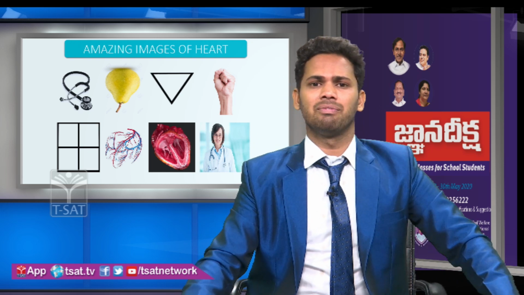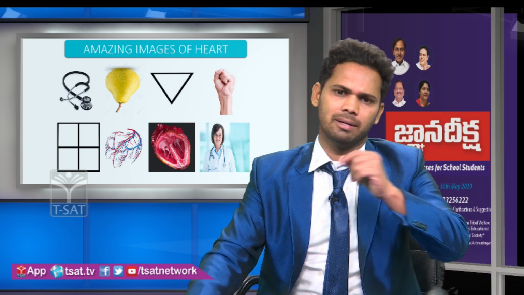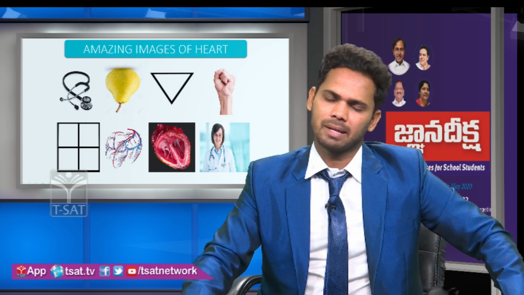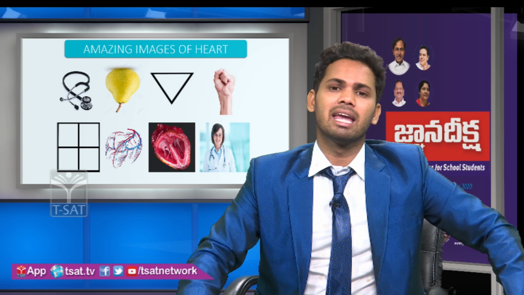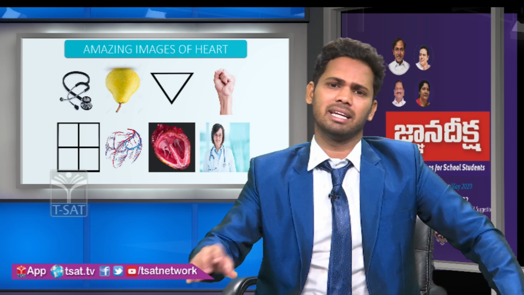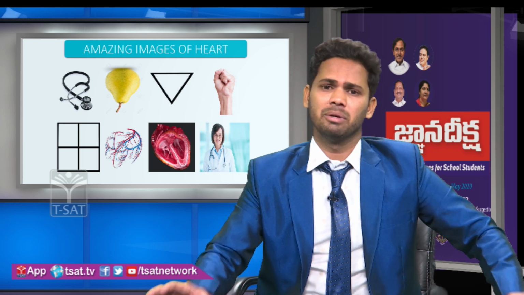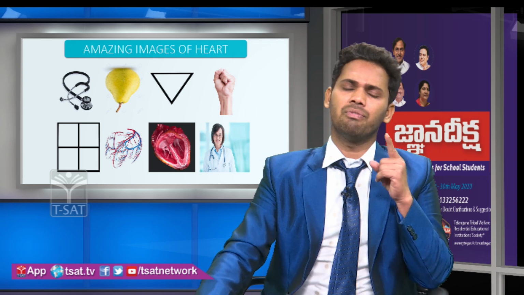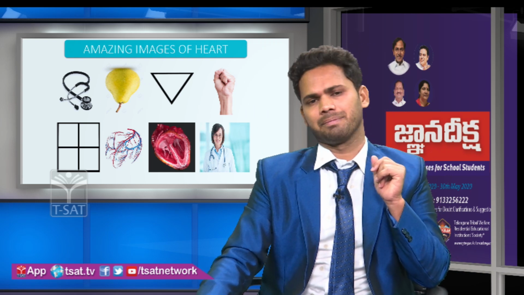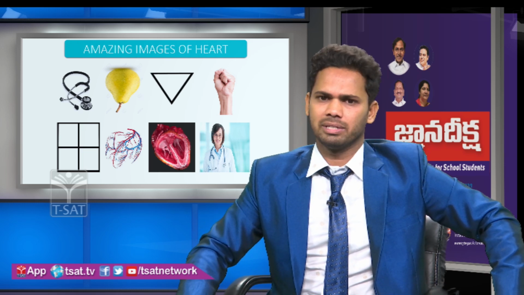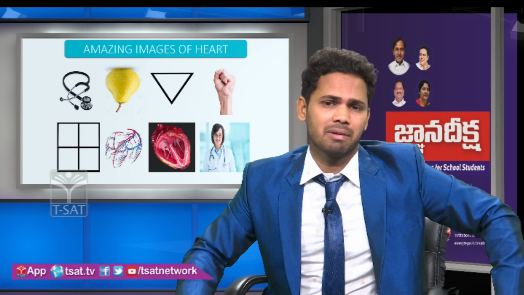These two membranes are filled with a fluid called pericardial fluid. So pericardial fluid and pericardial membrane give protection to the heart. And you can see the approximate weight of the heart, 240 to 250 grams. How much, children? 240 to 250 grams.